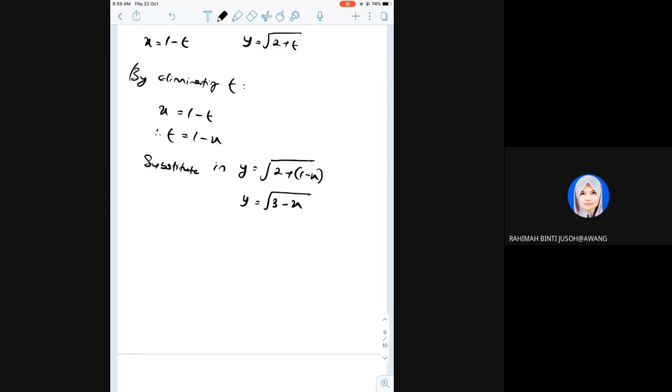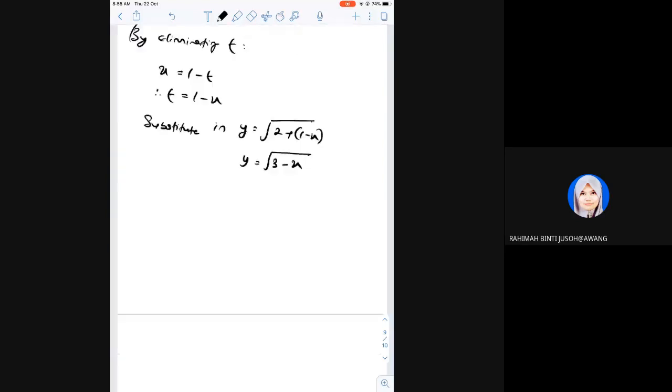Okay, now let us square both sides. So Y squared equals to 3 minus X. Supaya nak mudahkan kita lukis, so kita square both sides. And then next, you kena jadikan yang kuasa 1 sebagai subject. Make sure the variable with power 1 equals to your subject. So bring X to the left hand side, X equals to 3 minus Y squared.